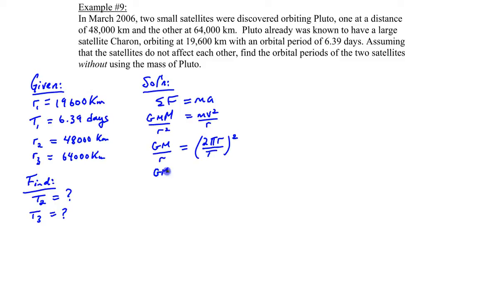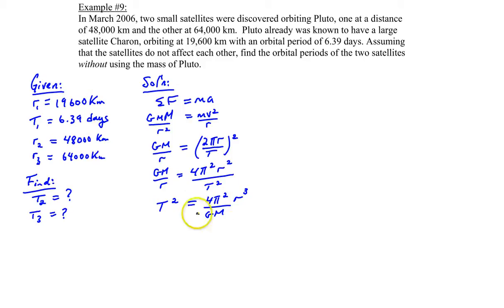And so we get the next line here, 4 pi squared r squared all over T squared. And let's rearrange for T. So T squared would be equal to 4 pi squared r cubed all over G and M.